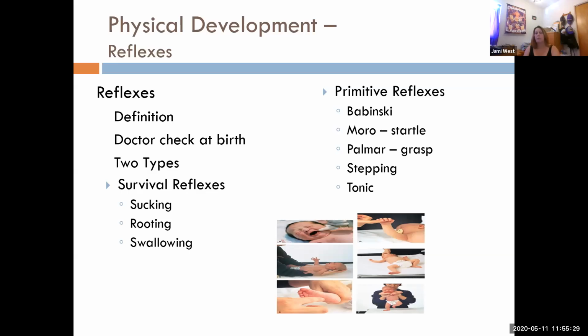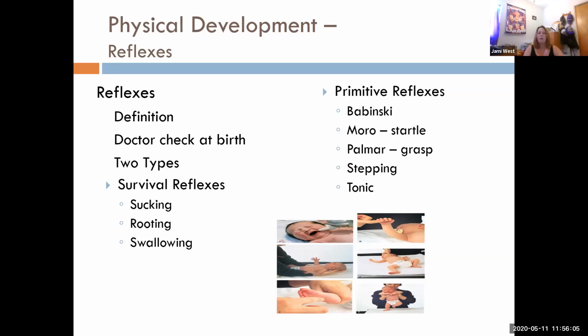Before we talk about those, it's important that we understand that infants are born with reflexes. The definition for a reflex: an automatic body response. It is the only physical ability that children have at birth.